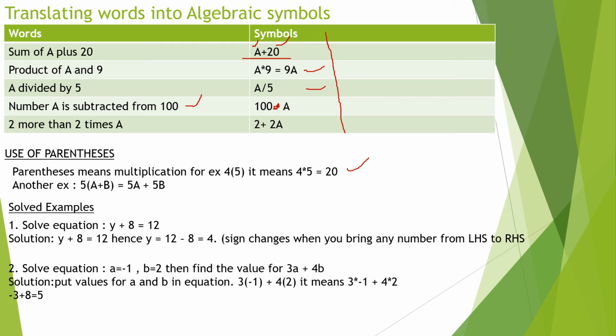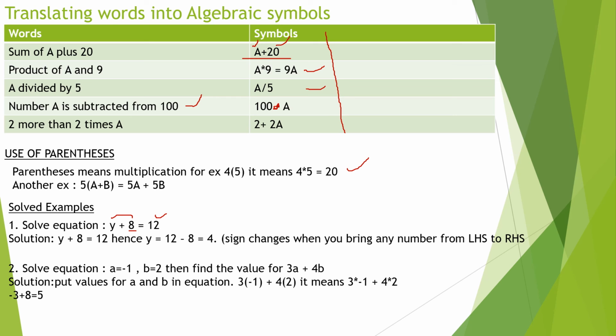On the left hand side we have a combination of constant and variable. On the right hand side we have only a constant. So we can fetch this constant to the right hand side.